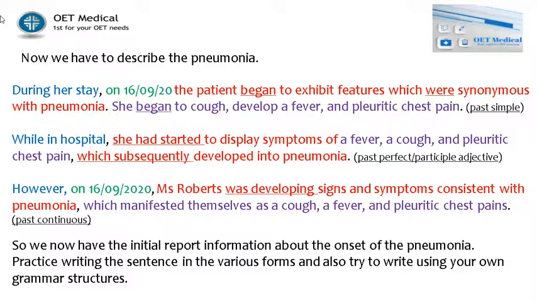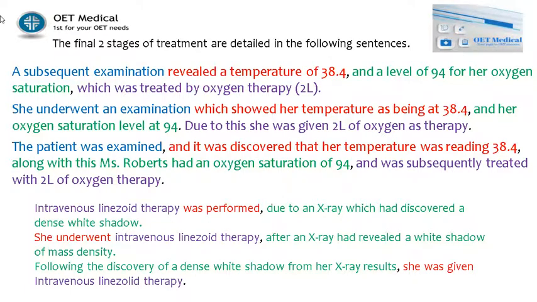So we have this information now about how the pneumonia started and some extra detail about its progression, how it developed, etc. Then we have the two final stages of treatment that are detailed in the following sentences. So you'll see this information in the notes.